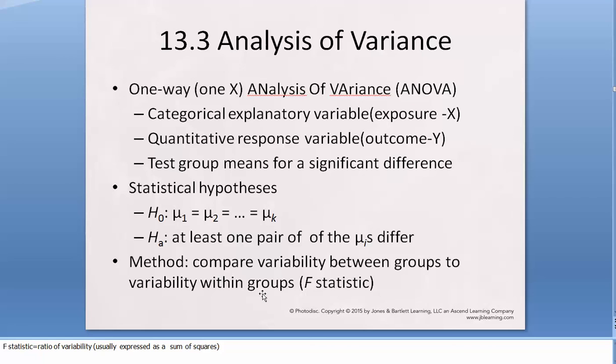It's the person to person or item to item difference. So if the between group variability is very much higher than the random noise variability, you can certainly deduce that the group means are different. At least one of them will be different, because we will reject H null and go with HA.